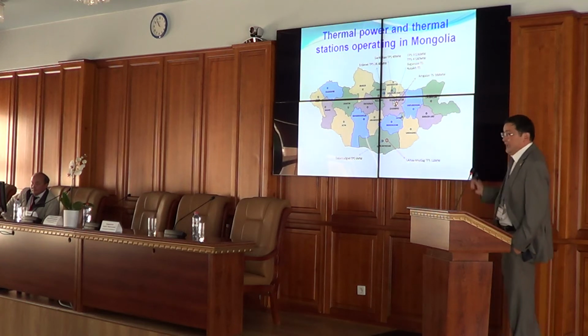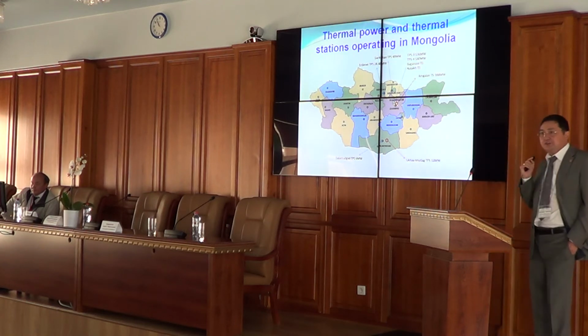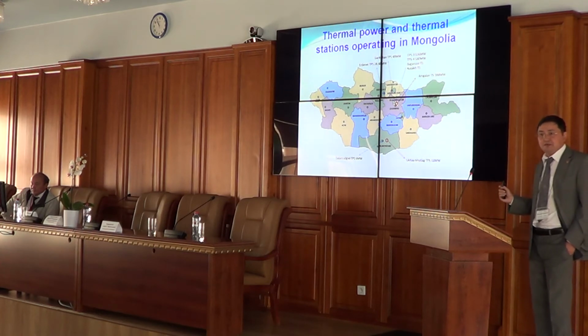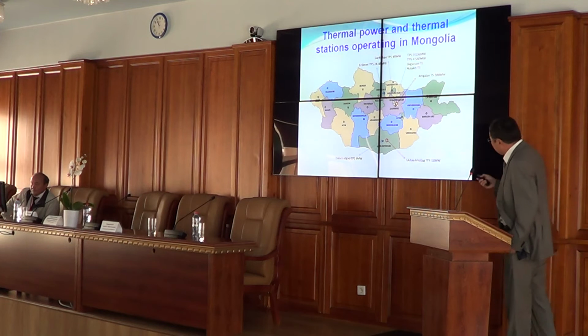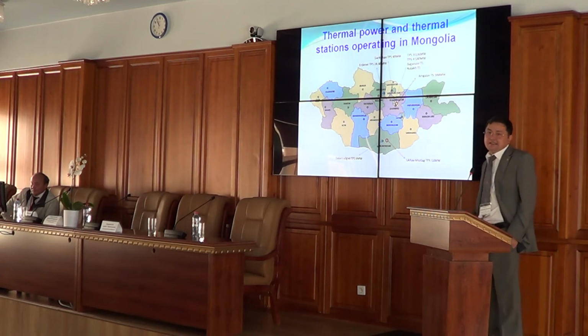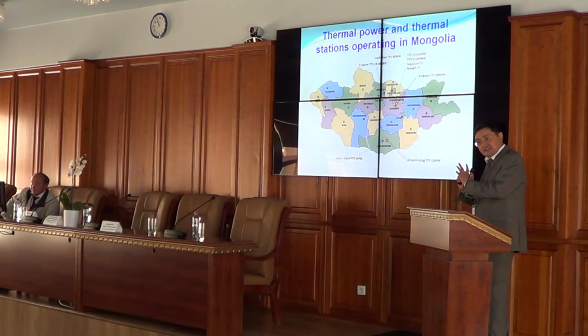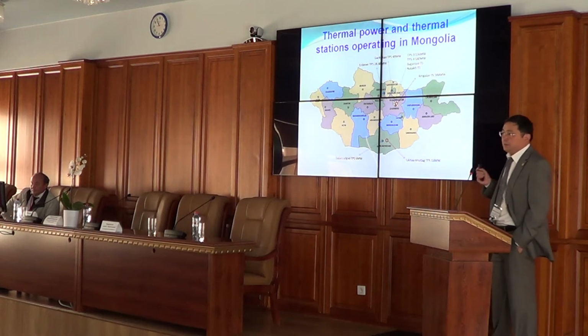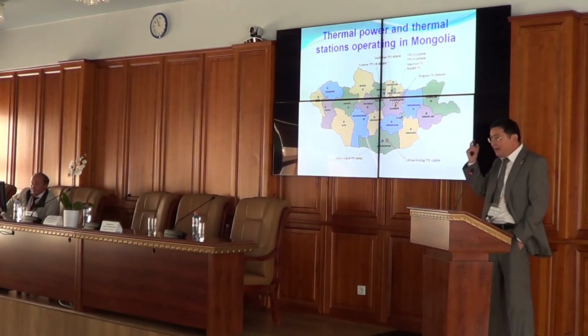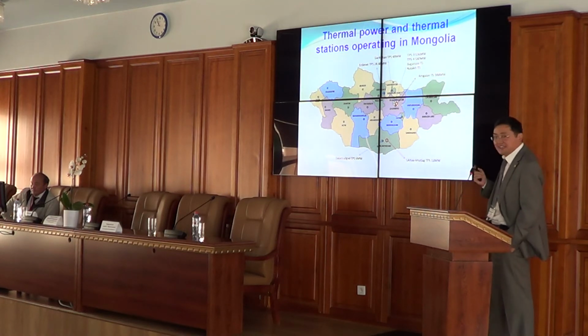So we have coal combustion residue of at least 800,000 tons. In Ulaanbaatar city, we have 3 thermal power stations and 1 thermal station. Approximate value of residue or fly ash is up to 400,000 or 500,000 tons. It's a very, very big value, and we have to think how to utilize it.